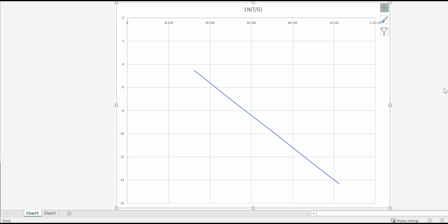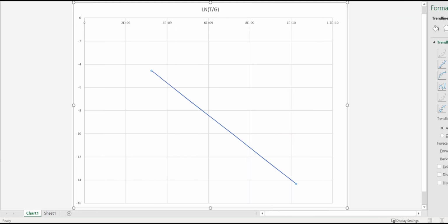So we're going to go in here and more options, and we're going to do a linear fit, which is fine, and we're going to display the equation.